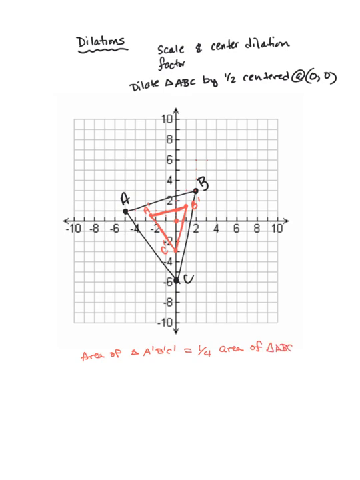The perimeter of triangle A prime, B prime, C prime is just a half the perimeter of triangle ABC.